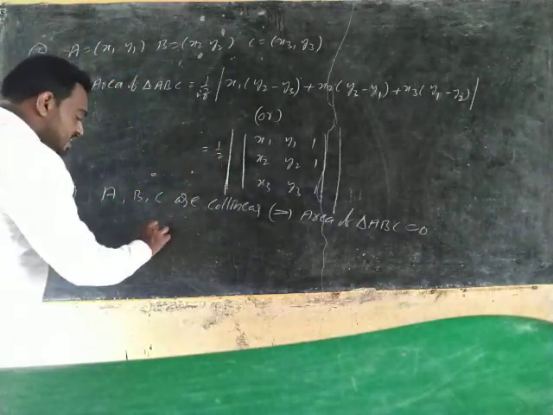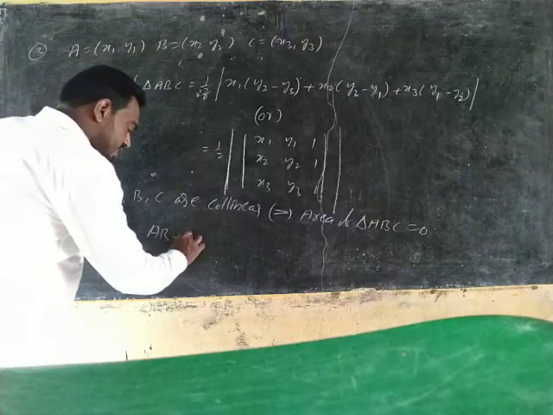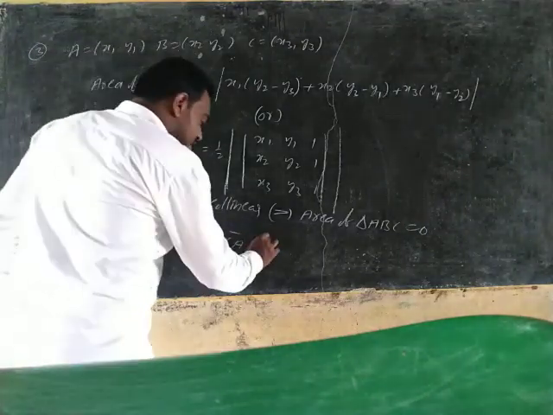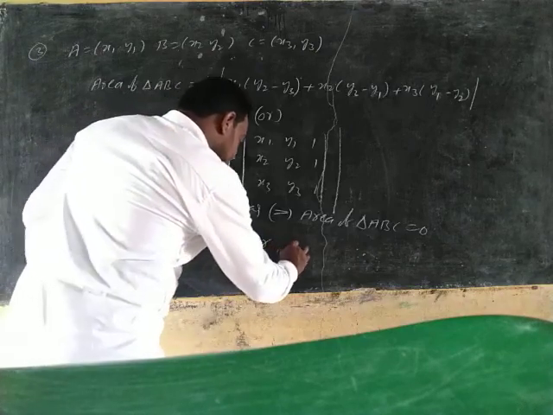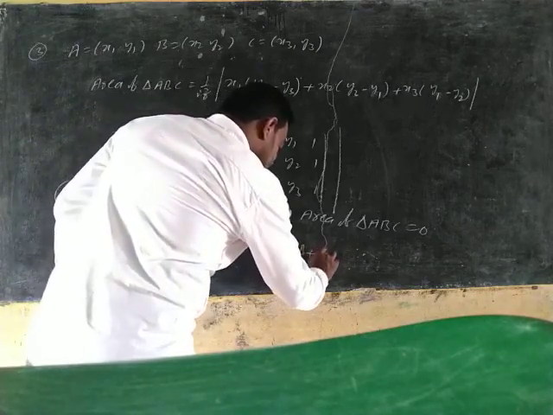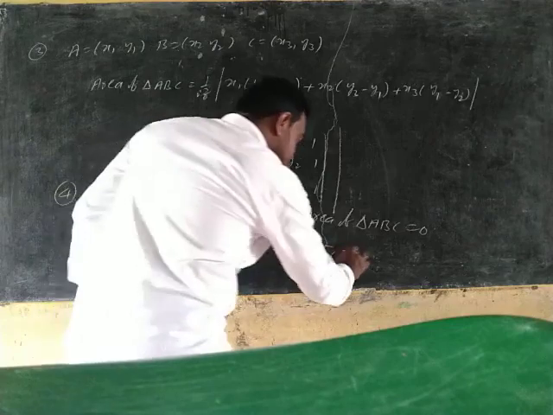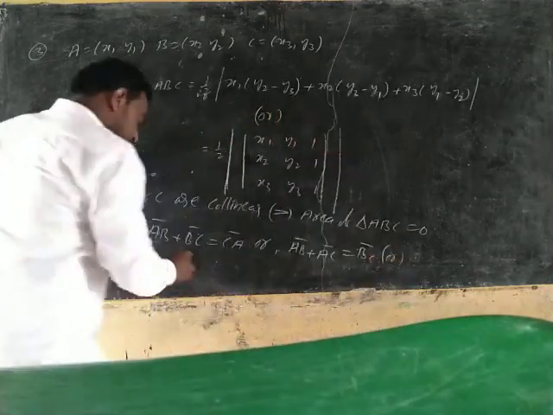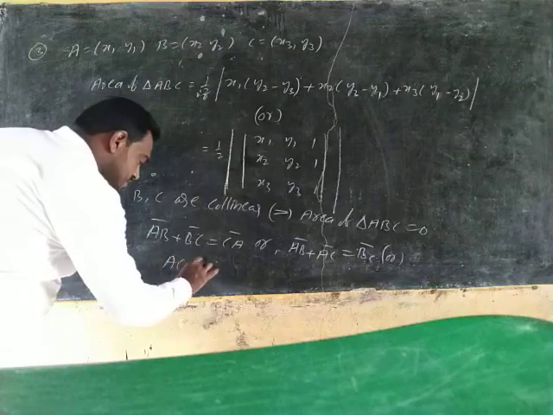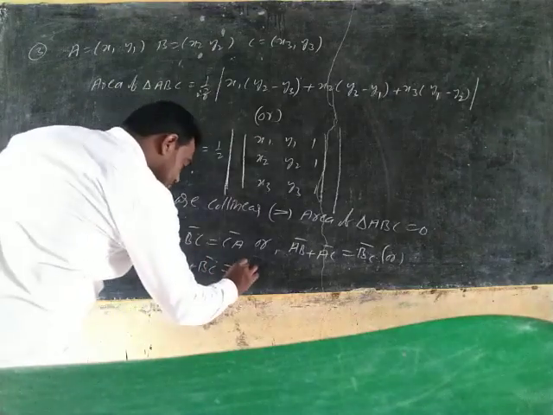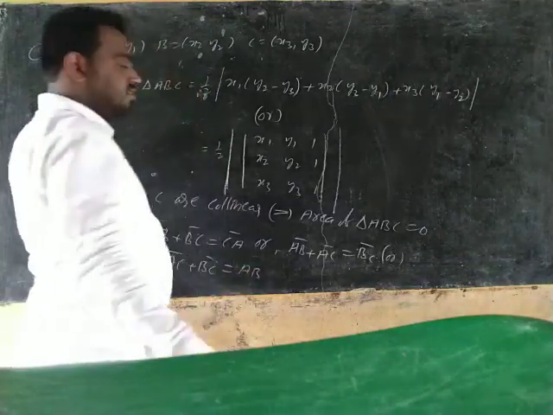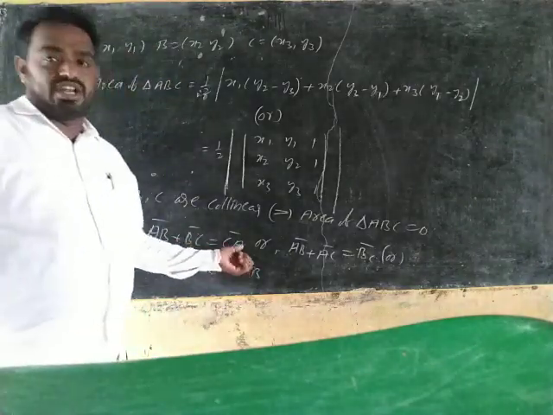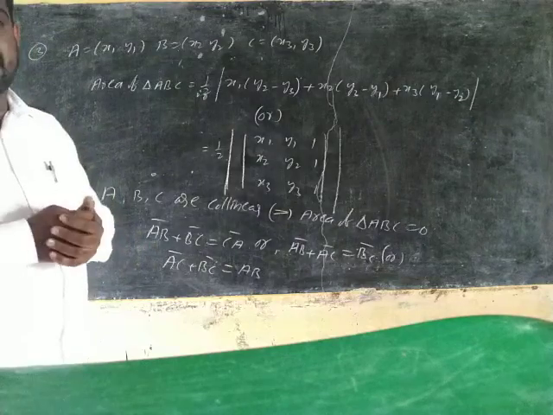Otherwise, we find distances: AB plus BC is equal to CA, or AB plus AC is equal to BC, or AC plus BC is equal to AB. Then A, B, C are collinear. So by using the distance formula we can show collinearity.